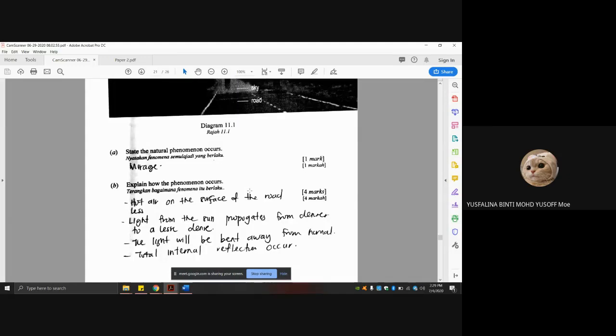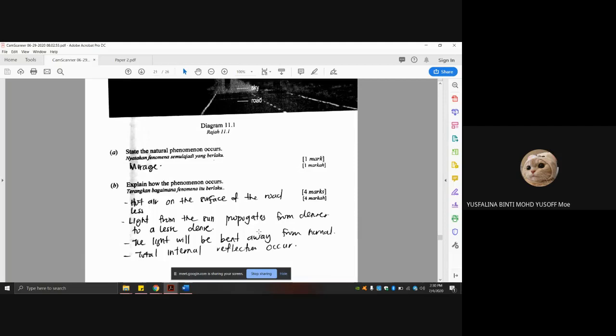So the light from the sun propagates from denser to less dense, and the light will bend away from the normal. The third point is that total internal reflection occurs. So this is the 4 marks.